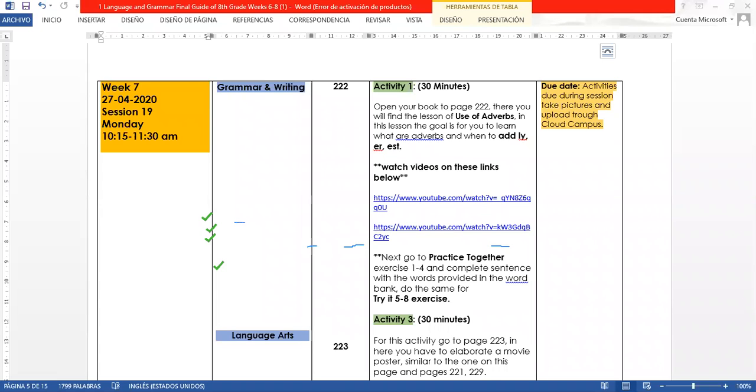Then we have est, and let's take a look at the example: she stands the stillest she has ever stood. They're talking about a woman standing very straight. She's not moving, and she has never stood like that before.